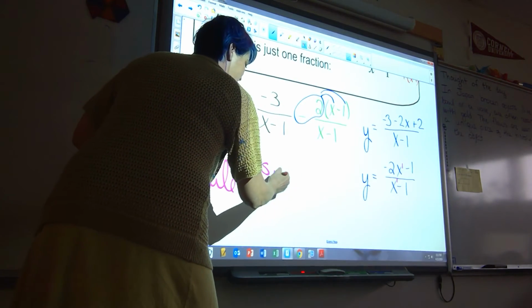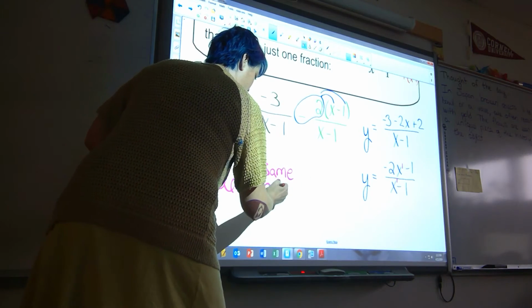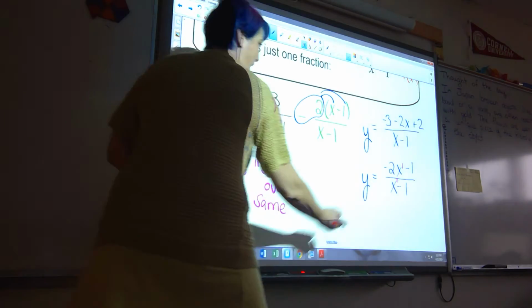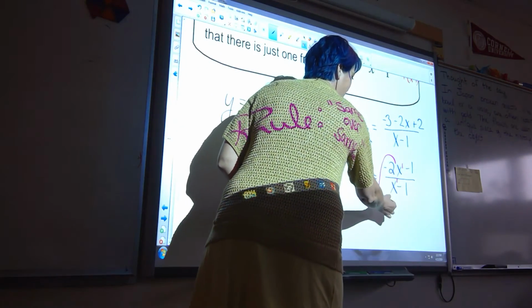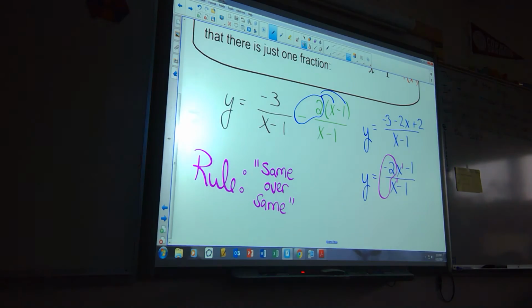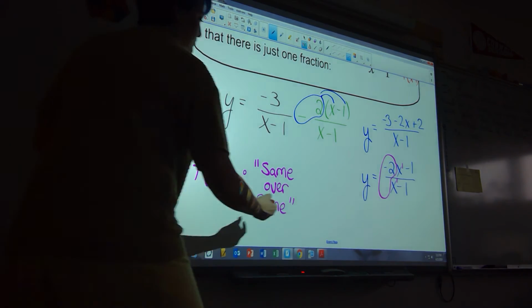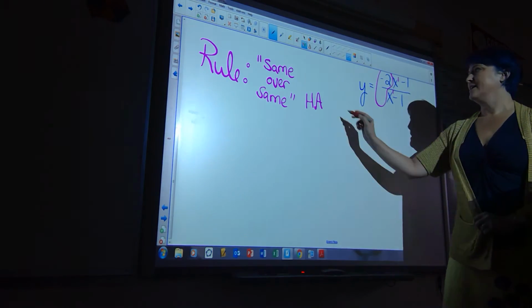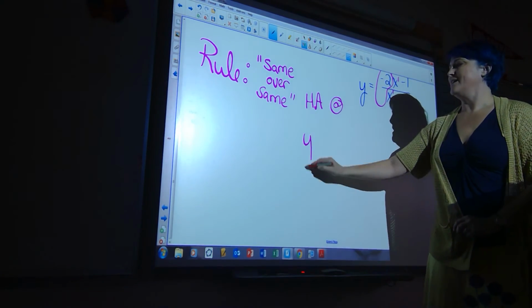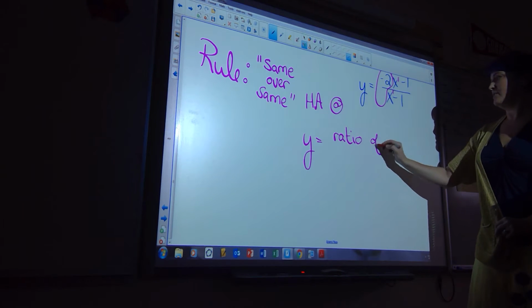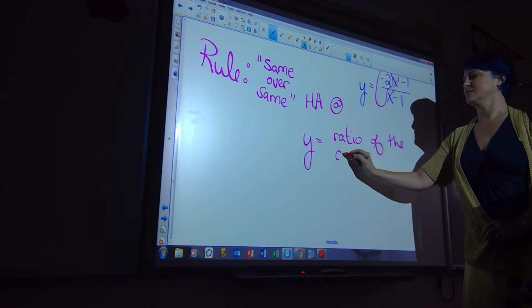So when we have same over same, your horizontal asymptote is going to be the coefficients of the x in a ratio. So the horizontal asymptote is at y equals the ratio of the coefficients of x.